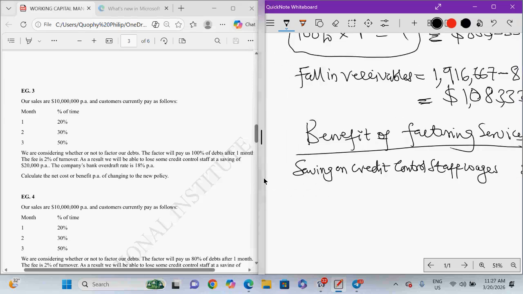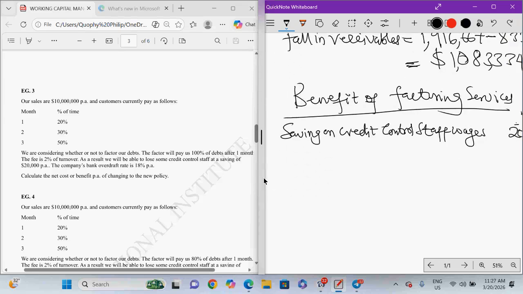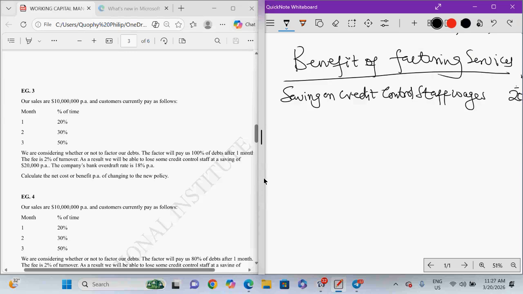What other benefit are we getting from the factoring? We are also having the interest savings on the overdraft. The interest savings from the fall in the receivables, right?